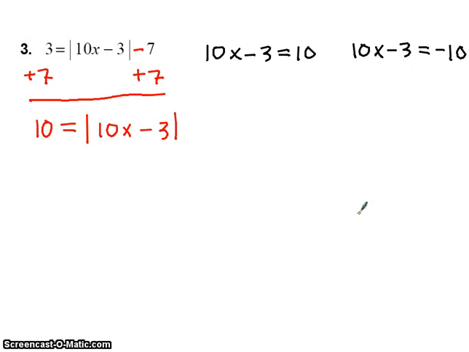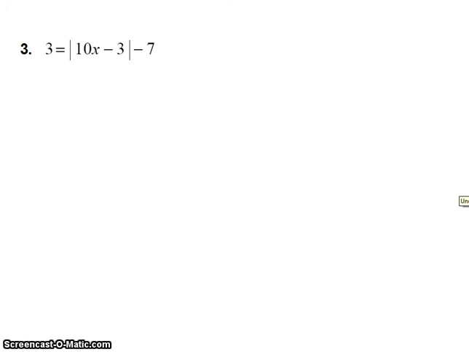And we solve for x. Now, solving for x is just like the first problem, so I'll let you guys handle that one on your own. I want to show you guys a hypothetical example.